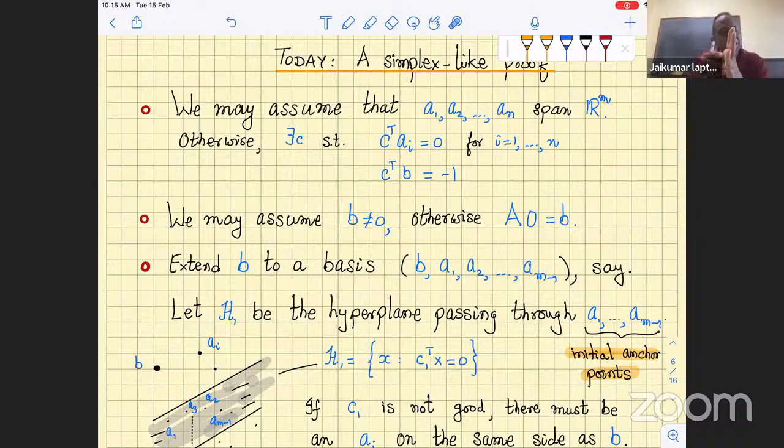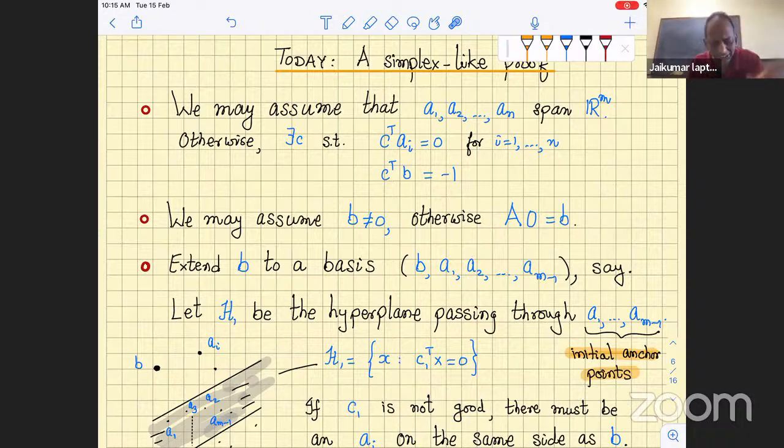That means the entire subspace spanned by A1 to AN does not contain B. So then we can just take that subspace, which is m-1 dimensional, spanned by A1 to AN, and look at its normal. Then B will not even be in the subspace, and we would have found the hyperplane.